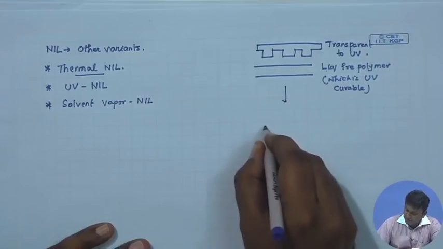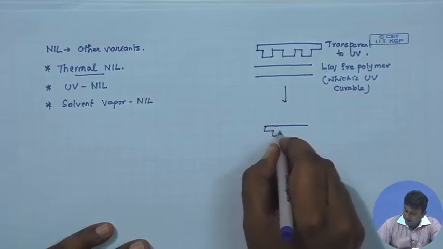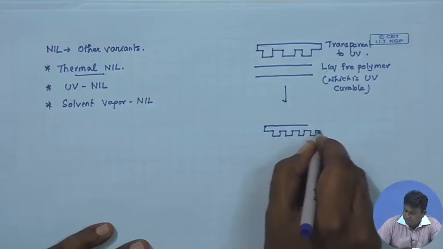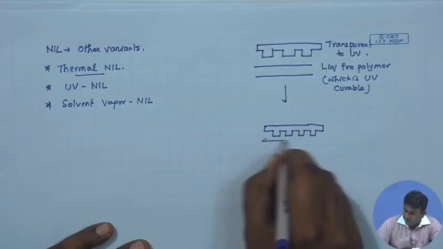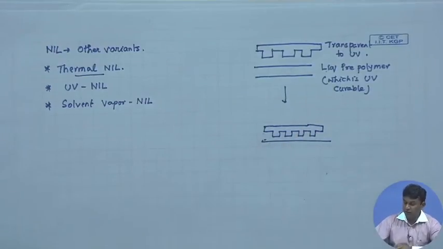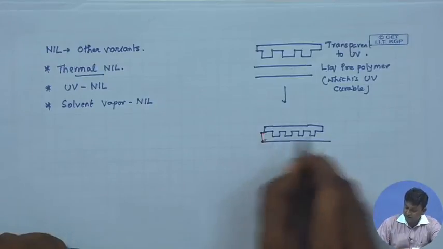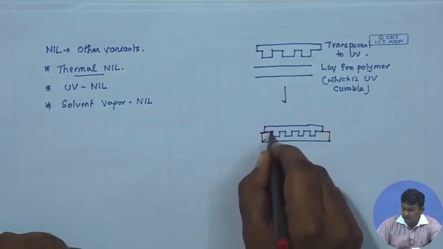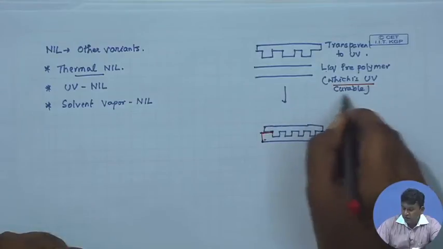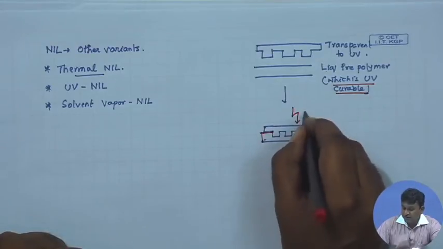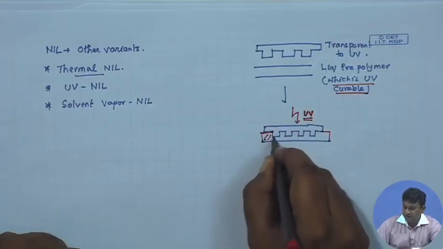Next step is you emboss it against this prepolymer, but since the prepolymer is liquid at room temperature, no thermal cycling is required. And how do you make the patterns permanent? This is UV curable. So, once you have embossed, then shine UV from the top. Your mold is UV transparent, so these patterns freeze now.